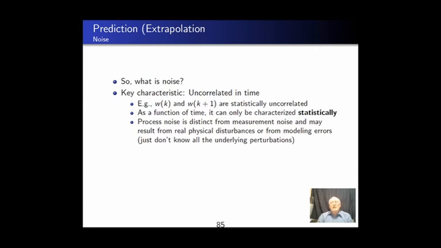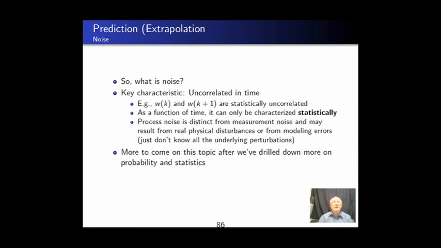Now, process noise is something that's distinct and inherent to the dynamical process and has nothing to do with the measurement noise, which has to do with your measurement instrumentation. And so we think of these disturbances as being completely separate and uncorrelated. We'll drill down a lot more on this topic later.